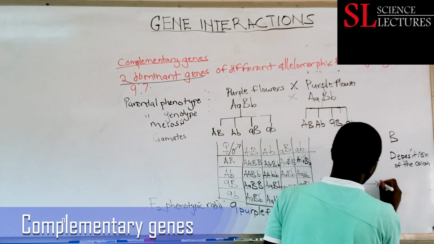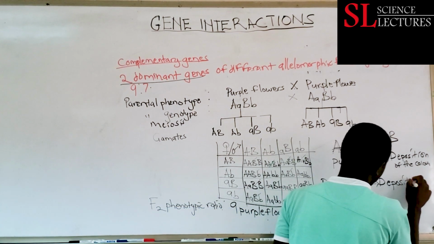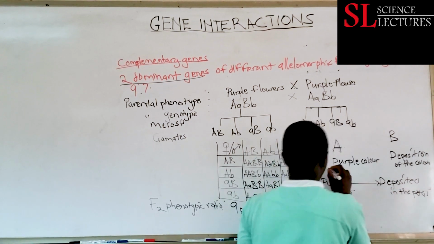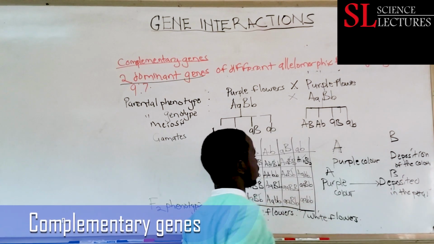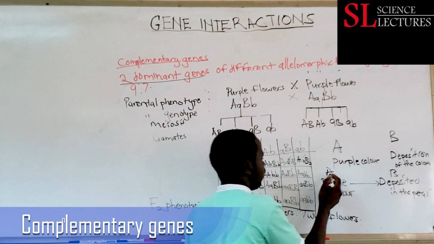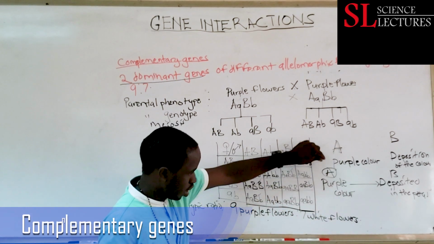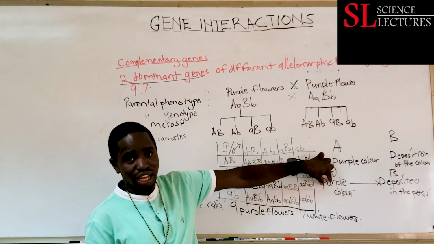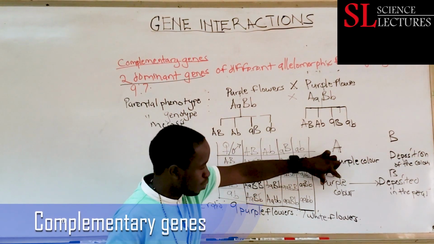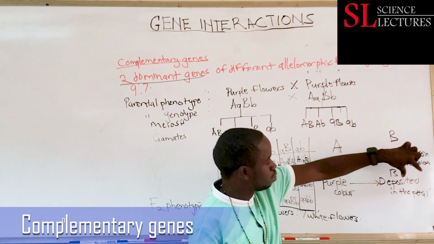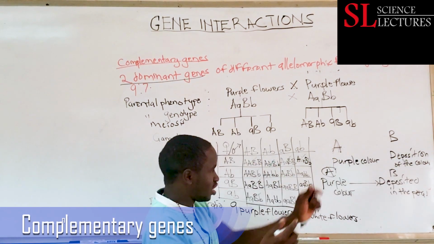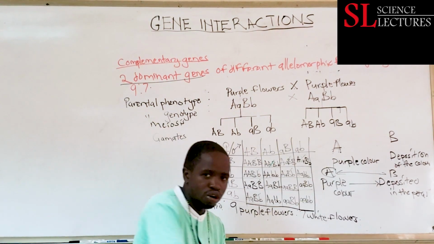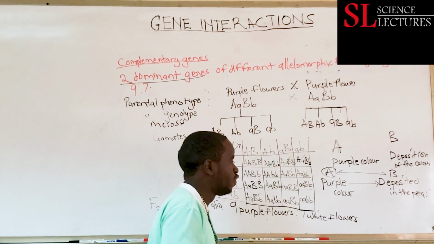Then it will maybe be deposited in the petals by gene A, then by gene B. Minus this, the deposition can never happen, and sometimes the purple color won't be deposited. So these genes work together so that you can have the purple phenotype expressed within the offspring.